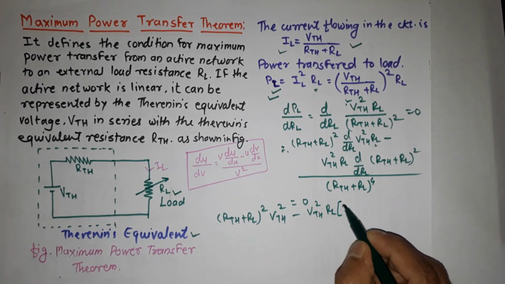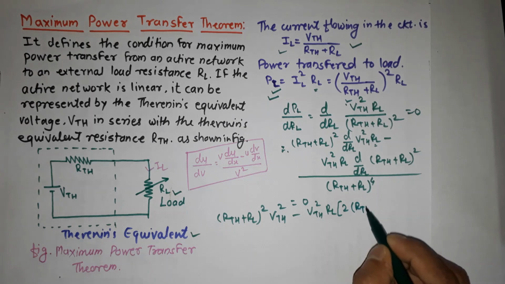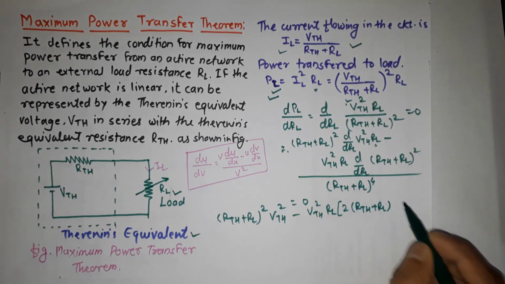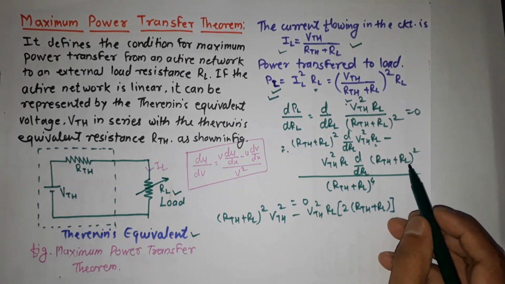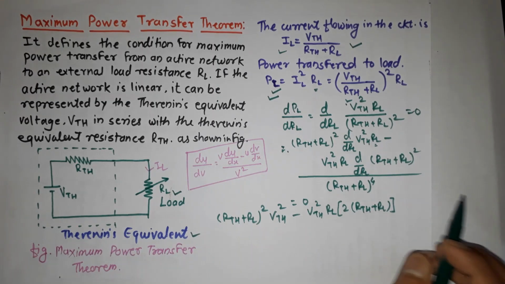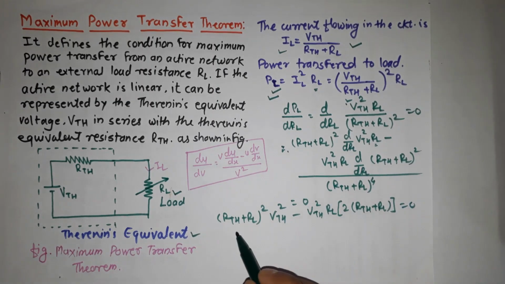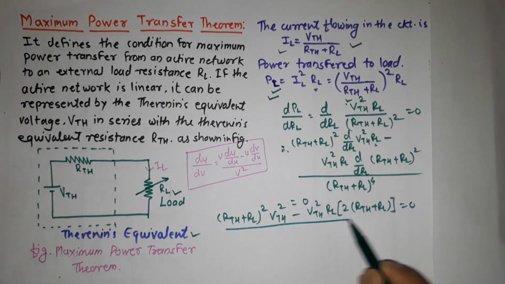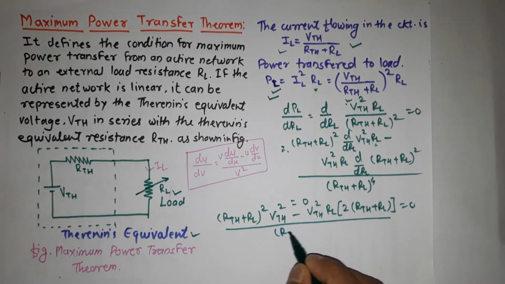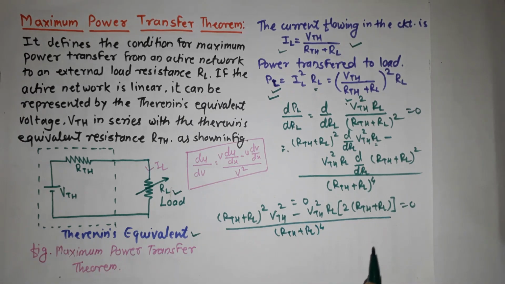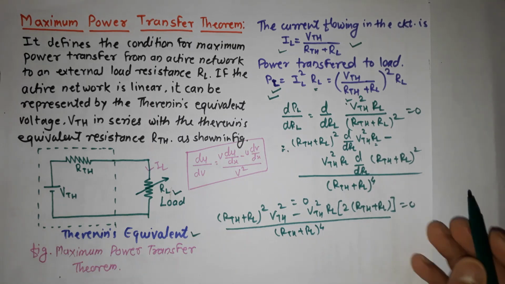So simply it is 2 into RTH plus RL, and the derivative of RL will be 1. So it is equal to 0, divided by RTH plus RL to the power 4. This RTH plus RL raised to 4 will be multiplied across, and it will equal 0.